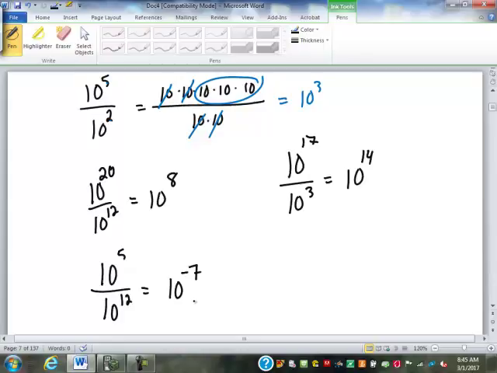Right? 5 minus 12 is negative 7. 10 to the negative 3rd divided by 10 to the 7th. 10 to the negative 10, yes. Negative 3 minus 7 is negative 3 plus a negative 7, which is negative 10.